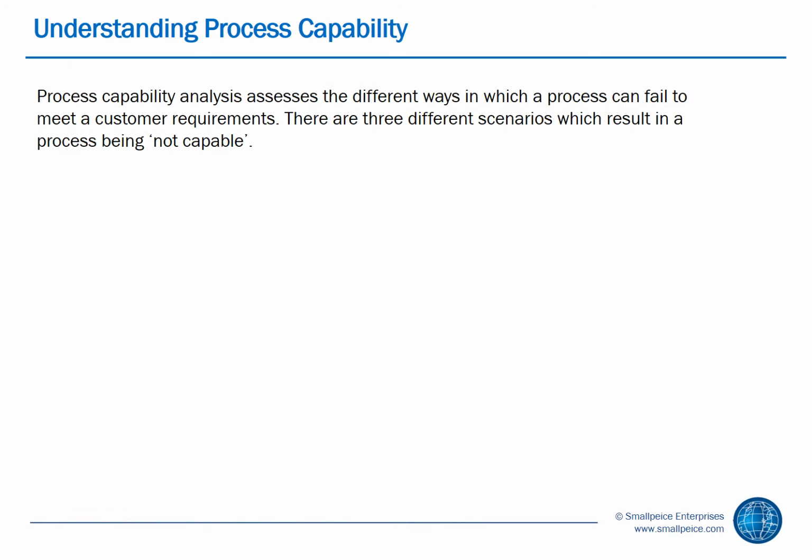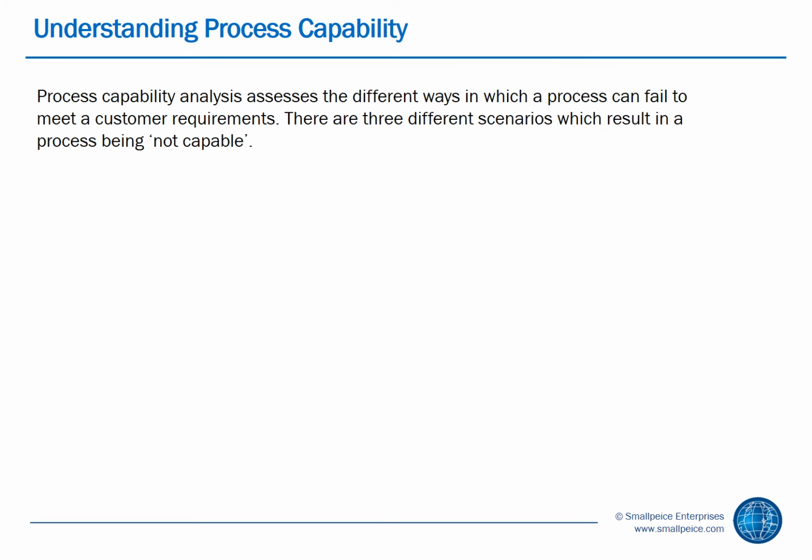When assessing process capability, we need to use more than one metric to describe the process. A good way to understand the need for multiple metrics is to consider the different ways in which a process can fail to meet a customer requirement. There are 3 different scenarios here, which all show how you can have a not capable process. So we'll have a look again at the cake weight example.